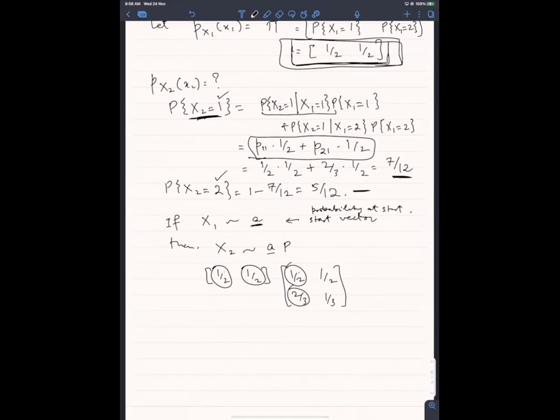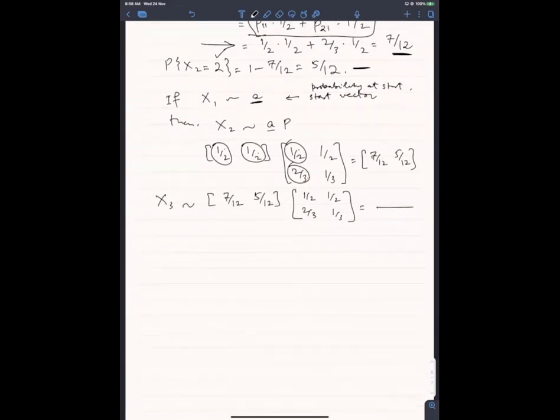So 1/2 into 1/2 plus 1/2 into 2/3, which is exactly the same here. So this will give you 7/12, 5/12. What about x3? x3 would be equal to 7/12, 5/12, once again times 1/2, 1/2, 2/3, 1/3. ये जो भी आपके पास आएगा.